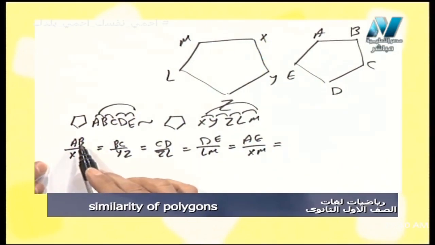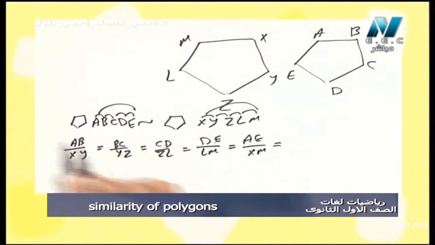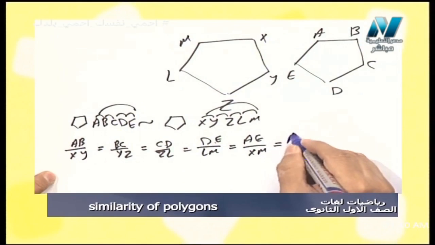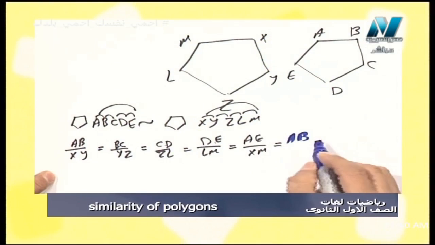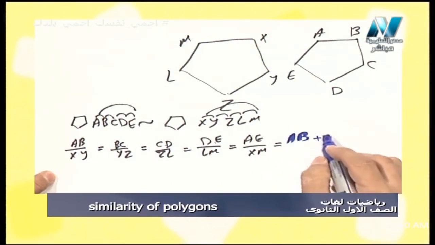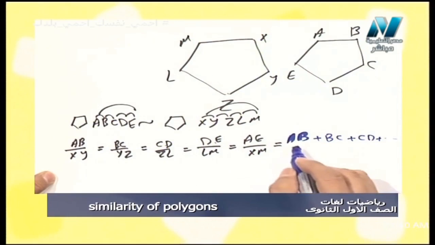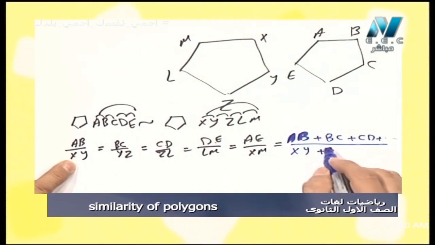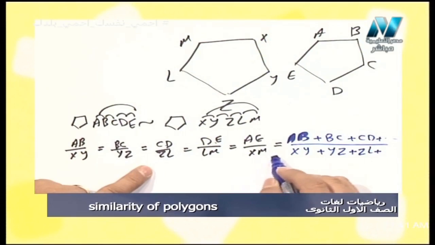If we add AB to BC to CD to DE to AE like that, let's add them: AB plus BC plus CD and so on plus DE plus AE, over XY plus YZ plus ZL and so on, LM plus XM.